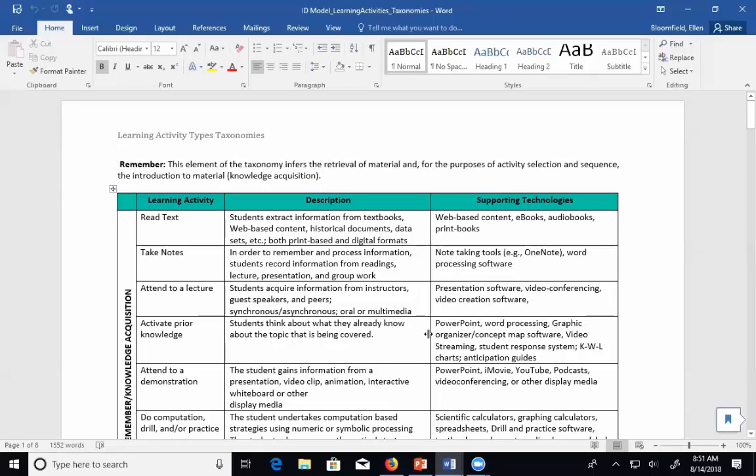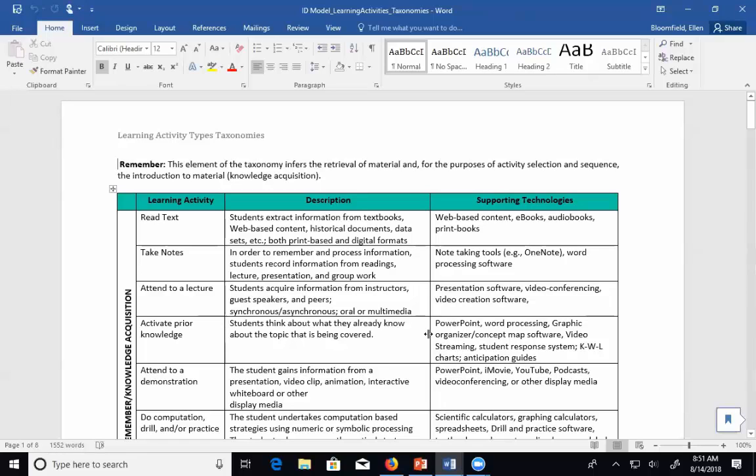Here's the learning activity. I need my students to read a text. Here's a description of what that means, and then to help teachers select the right technology or the right strategy, they listed potential technologies in that far right column, okay?